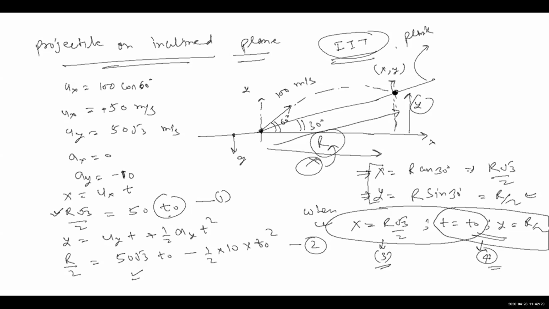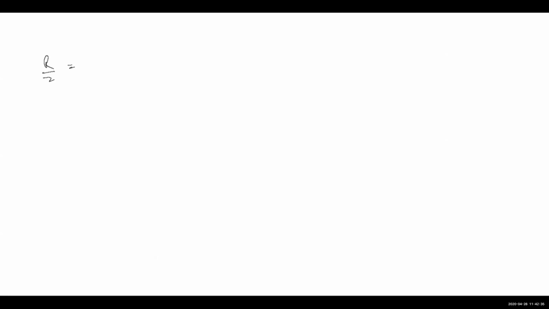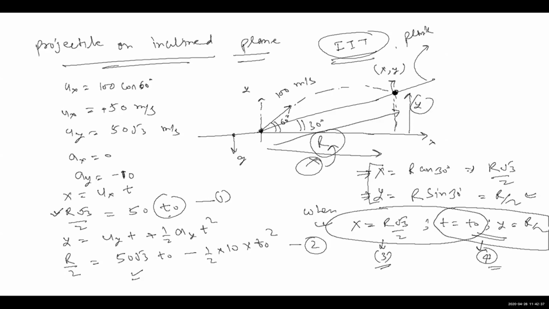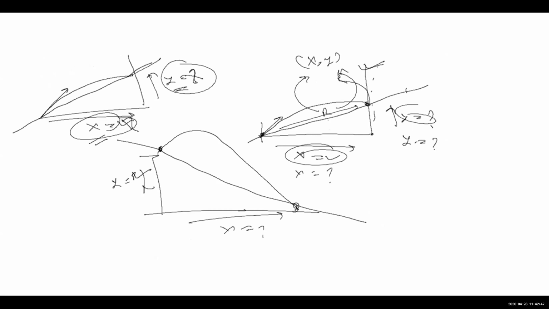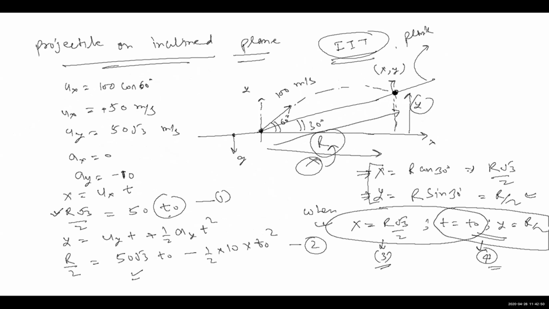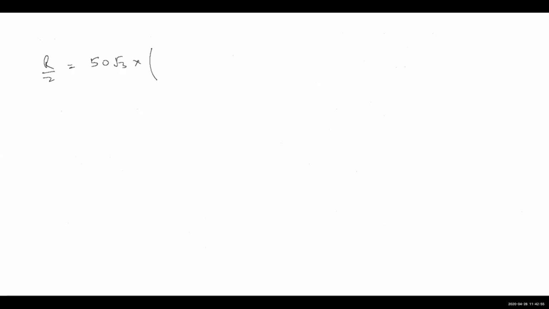R by 2 is equal to 50 root 3 into t naught. In place of t naught, I'll write R root 3 by 2 by 50, which becomes R root 3 upon 100 minus 5 into (R root 3 by 100) square.